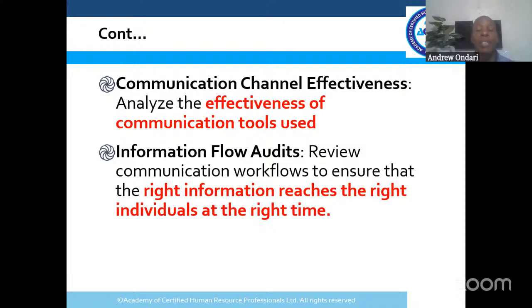We must know the person or the recipient of a message. And if we want our message to be successful, we must understand who our recipients are in terms of, one, the understanding of the message, two, their level of education, so that you choose the language, and three, their characteristics in terms of health, because there are some people who have challenges in terms of hearing when you use an audio message.